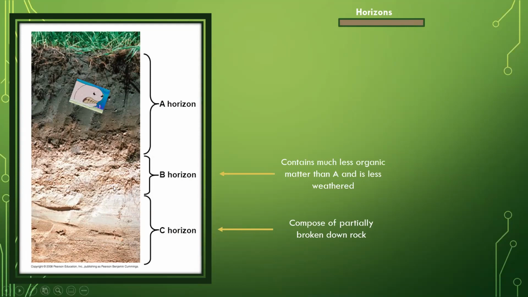So this area down here isn't going to be broken up as much as the upper levels, but it's going to be more weathered than the C below it, right? So as we get closer to the surface, there's more water, there's more breaking down of chemicals secreted by organisms and things like that. The topsoil is generally what we're most concerned with.